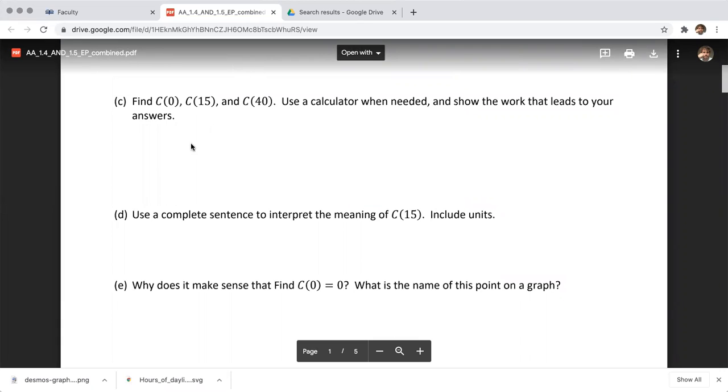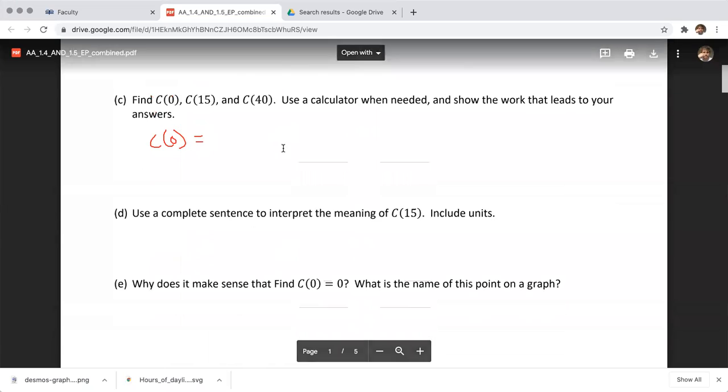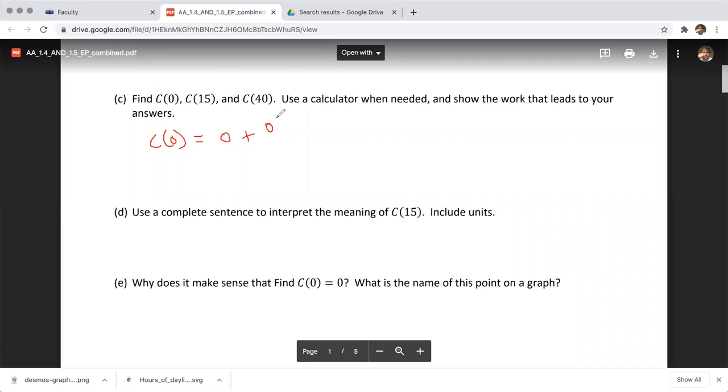Okay, so let's try drawing now and see if I can use my tablet here. So c of 0 would be, let's see here, I need to scroll up to make sure that I know what my function is, x plus x squared over 20. So c of 0 would be simply 0 plus 0 squared over 20, which is 0.